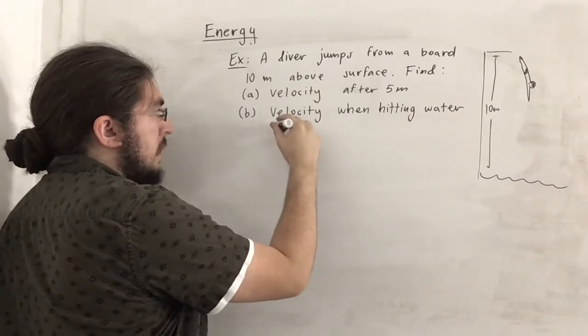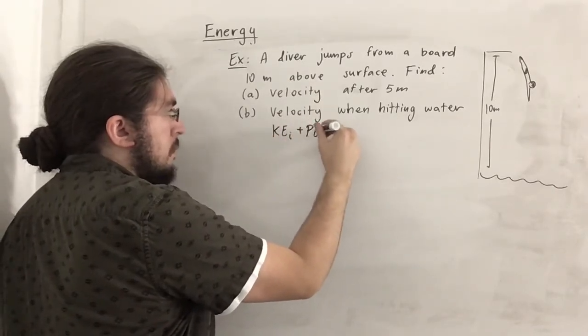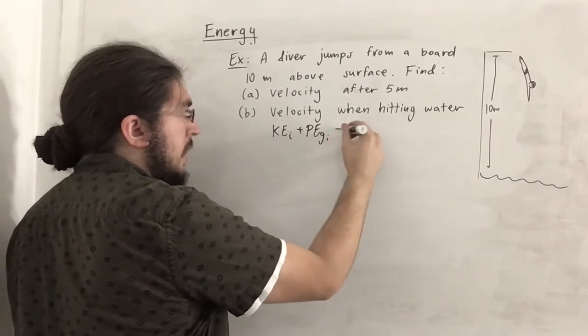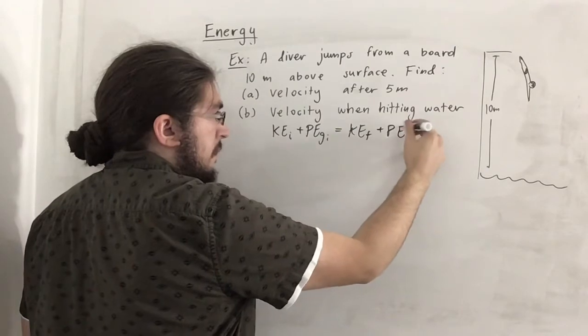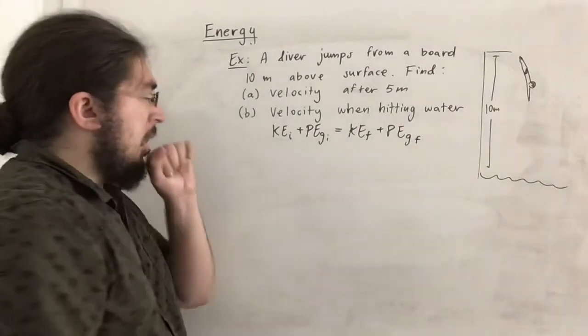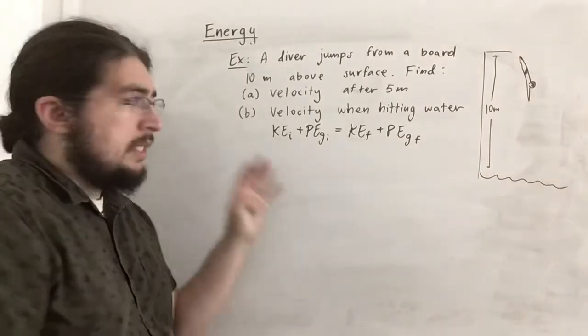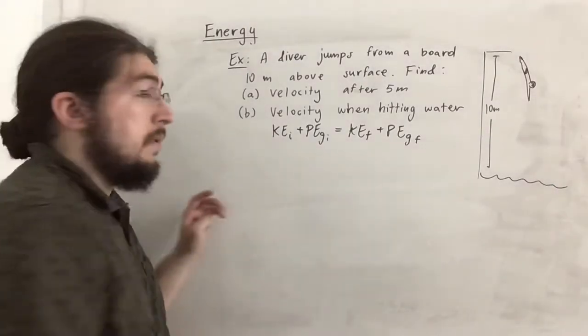So let me just say that KEi plus PGi is equal to the finals, kind of like we saw. Now I'm going to expand this out a bit, and then we'll see what's applicable when, and then we'll jump into each problem.